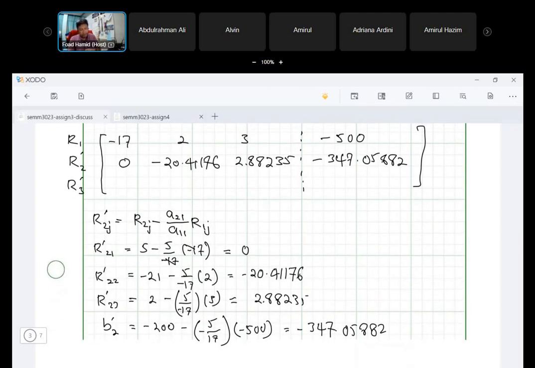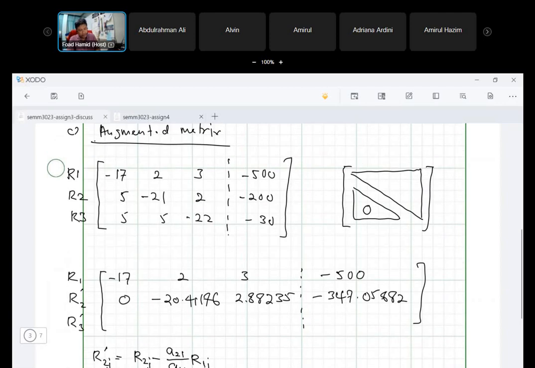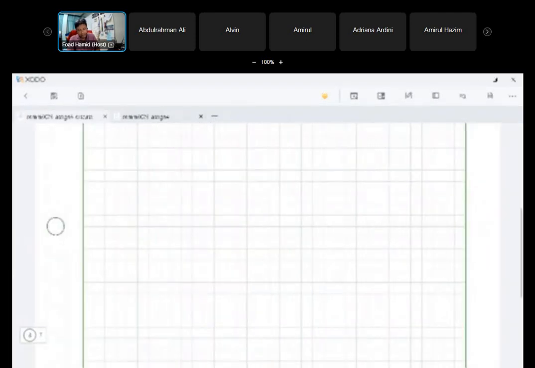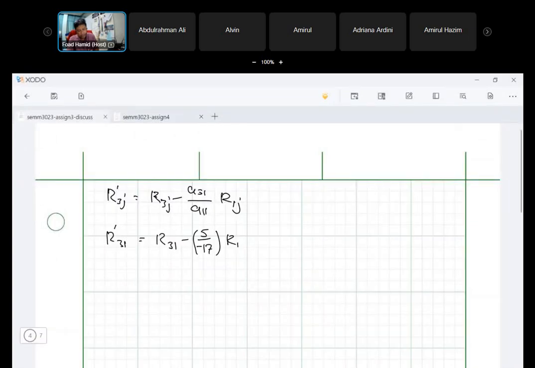So now the same thing for R3 prime. R prime 3J is just R3 minus, now the coefficient is A31 over A11 times R1, with J and J. So R prime 31 equals R31 minus 5 over 17, the same coefficient, times R11.